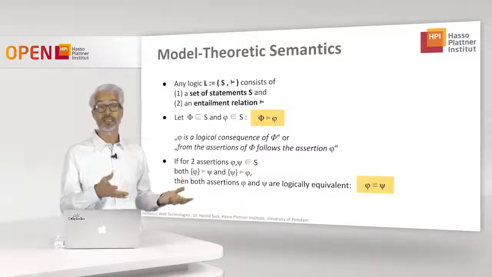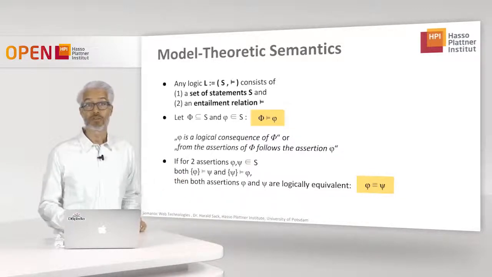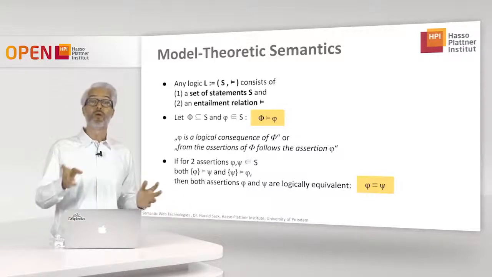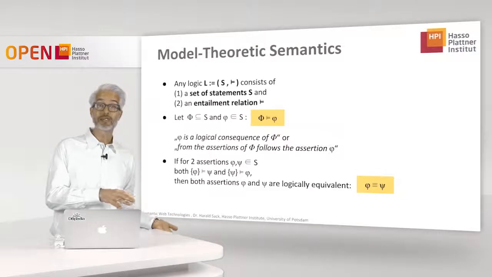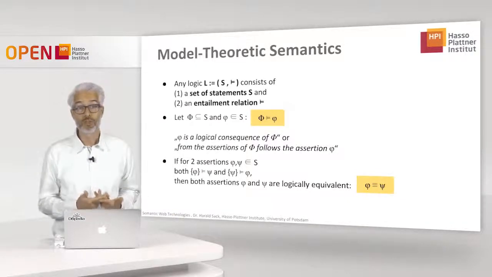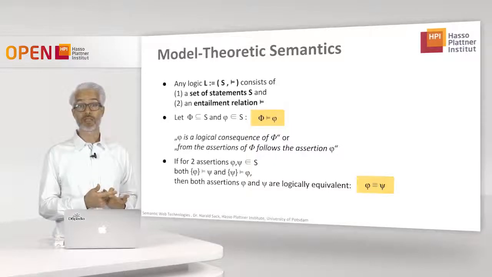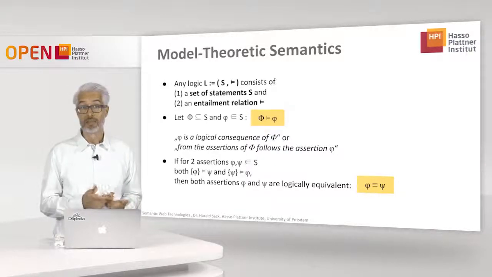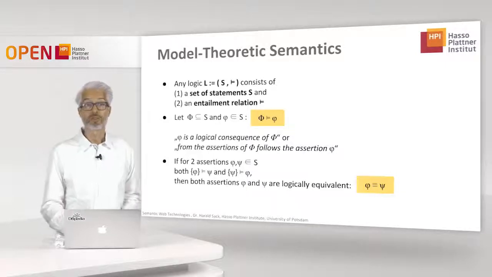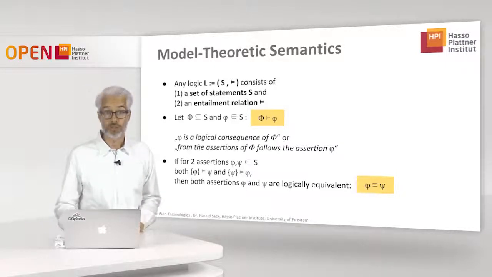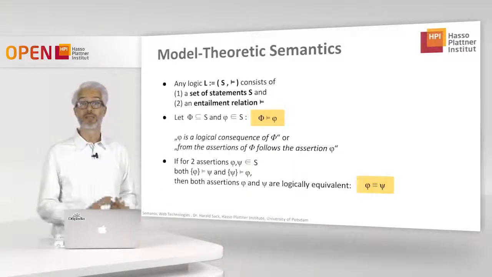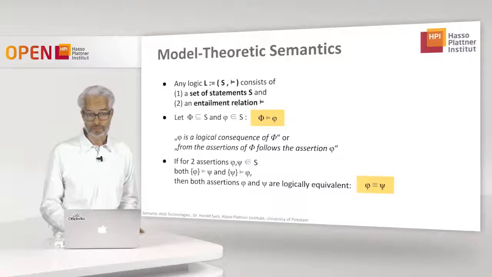And this set of statements usually then in our logic is also a knowledge base. Okay, so if one can be entailed from the other and vice versa, then both assertions, phi and psi, they are logically equivalent. These are the basic notions we have to keep in mind when we want to define new logics here. Okay, so that's the fundamental concept that is always followed.